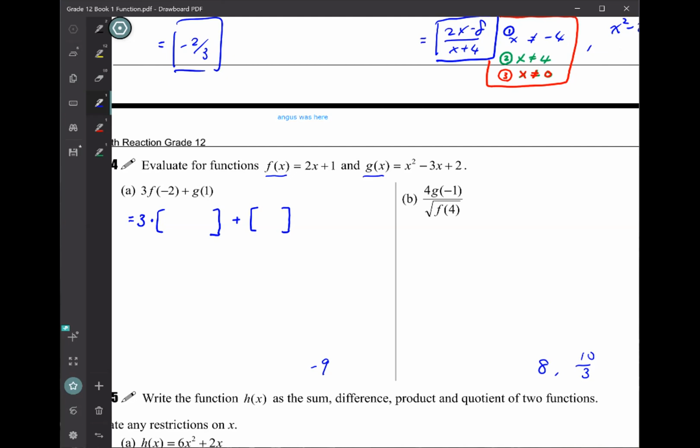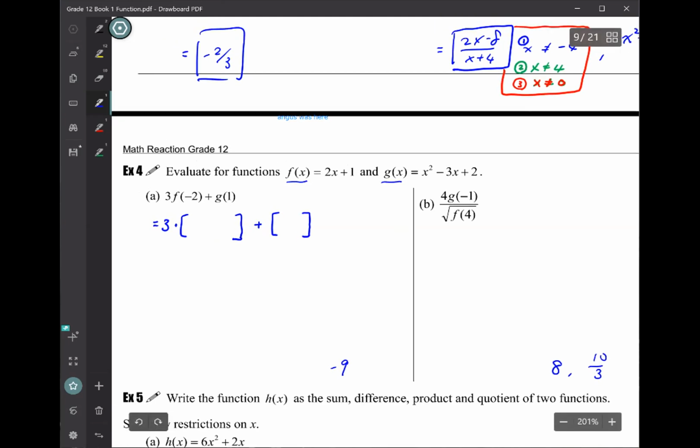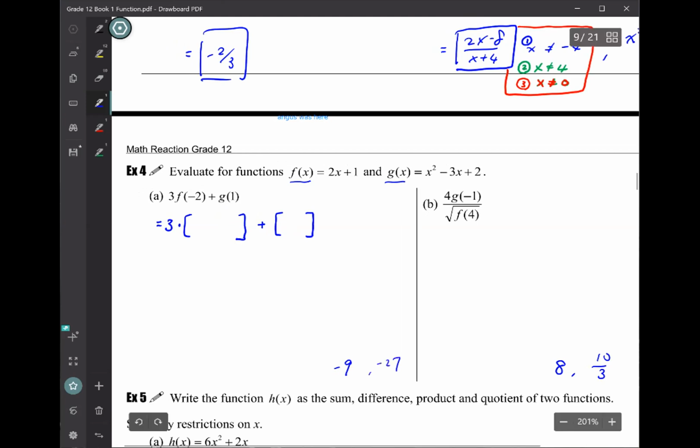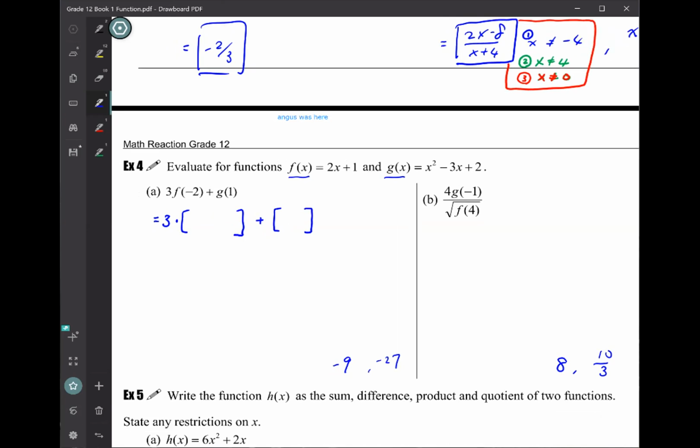Okay. How about question A, Trudy? For question A, I think I got it wrong, but I got -27. -27. Okay. It's all right. We can check, right? It's 8. You found your mistake? I added 4 and 6 instead of multiplying it. Oh, okay. It's all right. Okay, so we'll erase that.